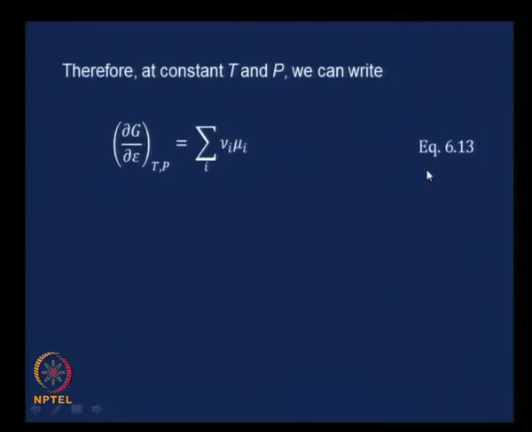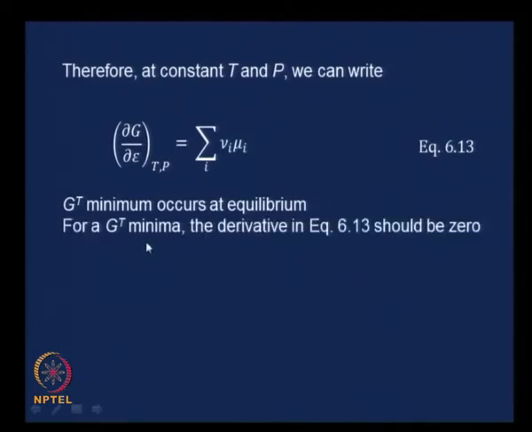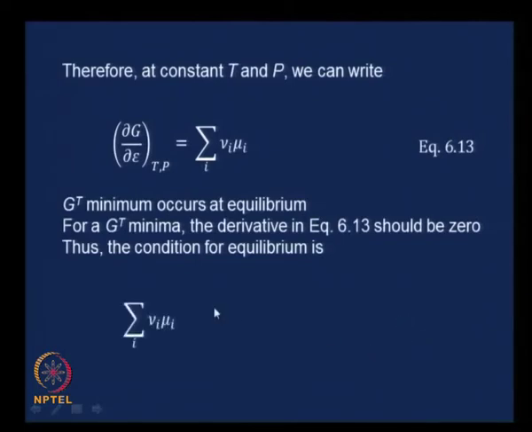That is equation 6.13, and we know that G_T minimum occurs at equilibrium, and for a minimum to occur, the derivative given here must be equal to 0, and therefore the condition for equilibrium is that sum over i of nu_i mu_i equals 0, equation 6.14, and this happens to be the most fundamental equation to represent chemical equilibrium, or equilibrium of a system in which chemical reactions take place.